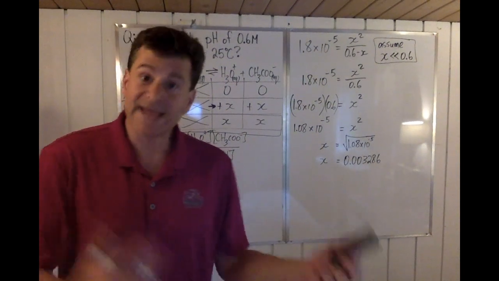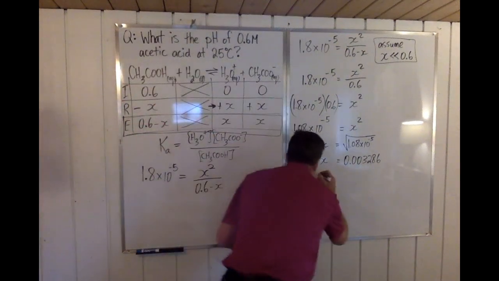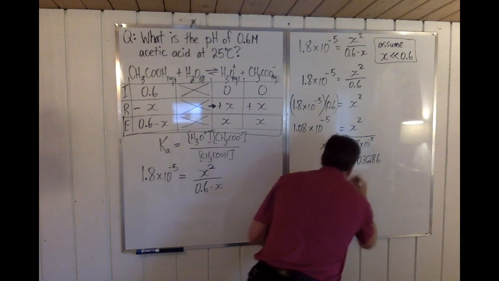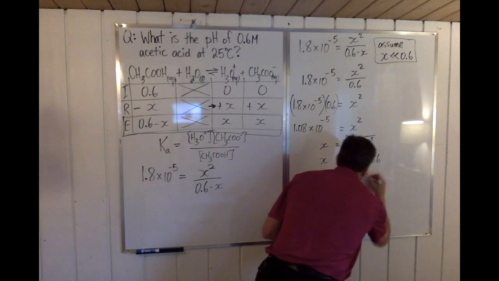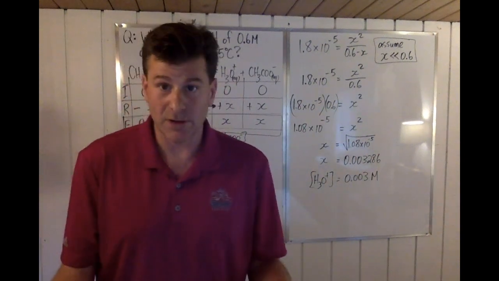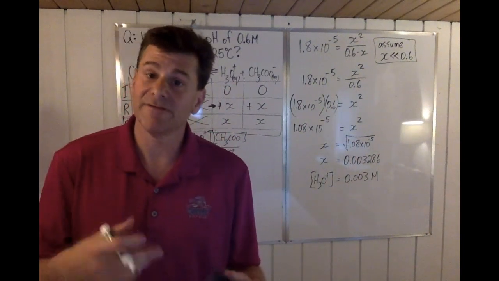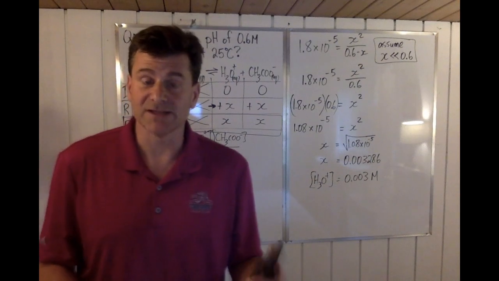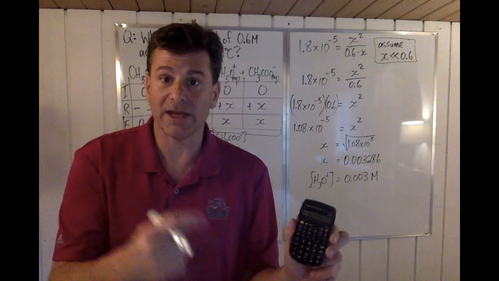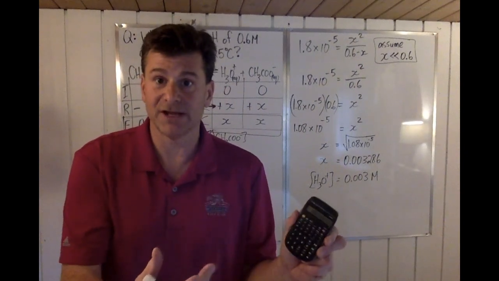Now I might write down that the hydronium equaled 0.003 molar. I might write that down. That doesn't mean it's my final answer to the proper number of sig figs. I wouldn't erase this and then put in 0.003 and then do the negative log.